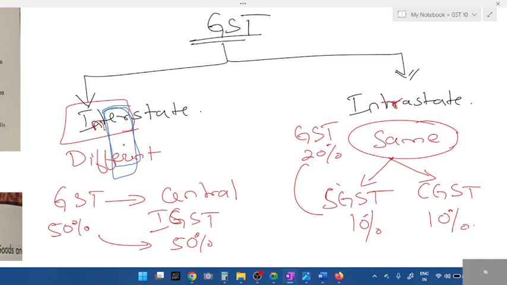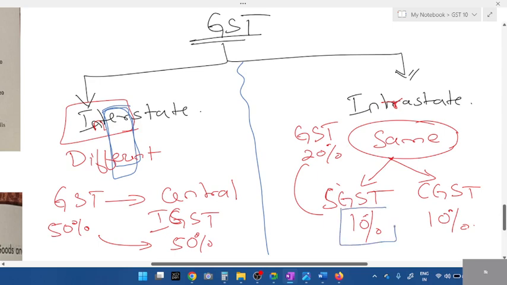Services, teaching. Now, where are my students? I'm in Bangalore. Where are you all? Same, Karnataka, right? If I charge GST, what kind of GST? Interstate or intrastate? Intrastate. Very good. Same state. Even I'm in the same state, you're in the same state. If I charge GST along with tuition fees, just for example, to whom will I pay the GST?